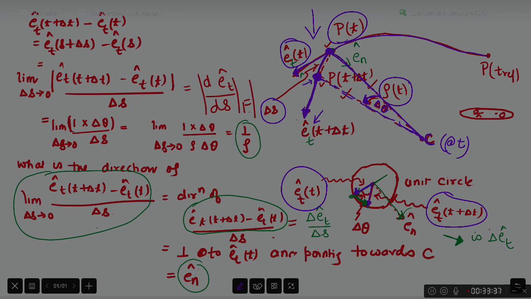Now it turns out that the angle between these two vectors, when their tails have been placed on top of each other, will be the same delta theta that you see here in this diagram.